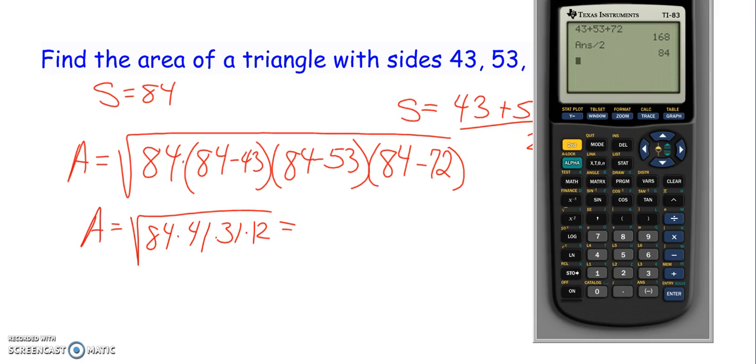So looking here, 84 on the calculator times 41 times 31 times 12. Enter that into the calculator, and last but not least, we take the square root of that exact answer. And we would get an area of 1,131.89 square units.